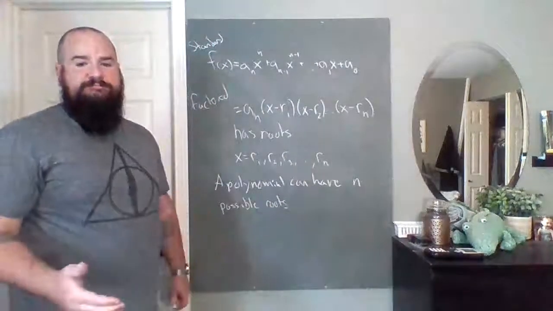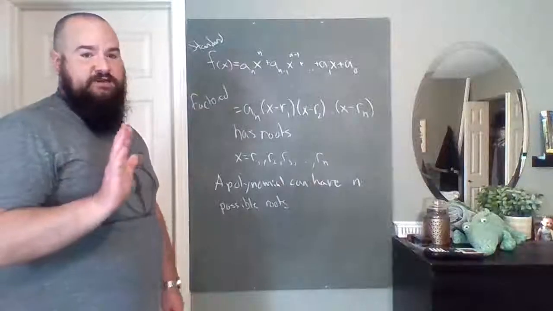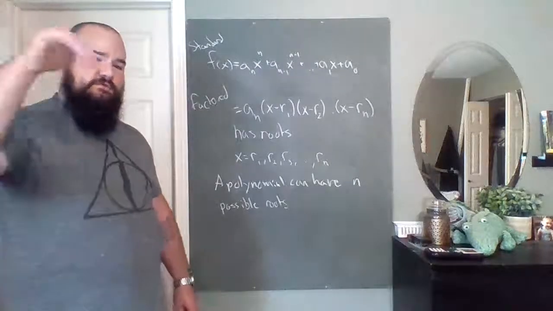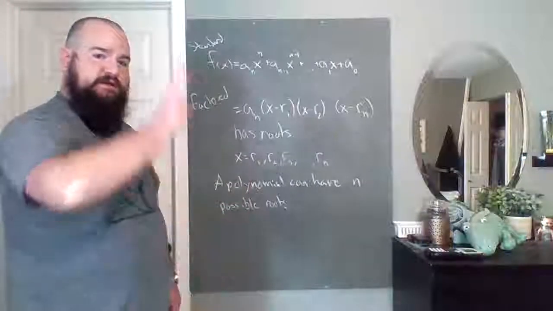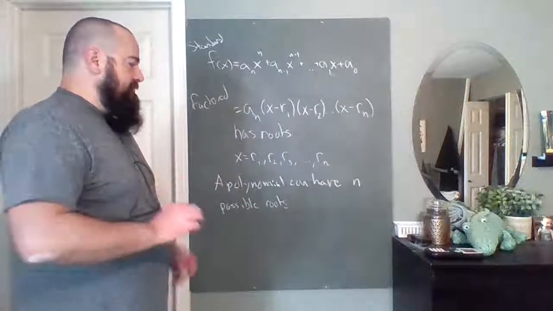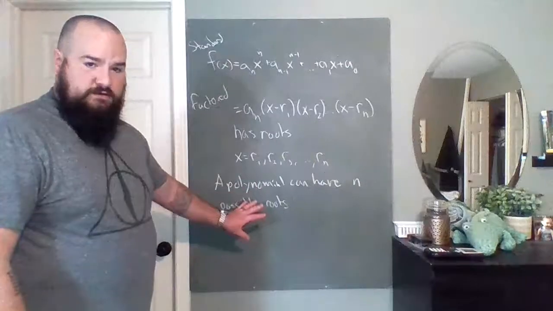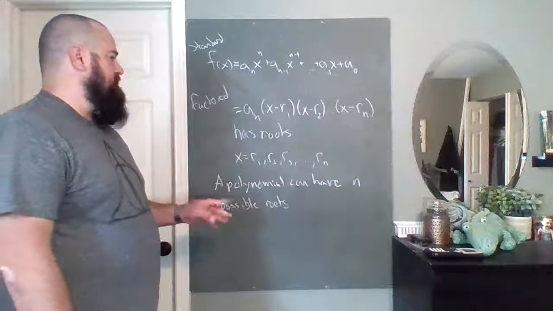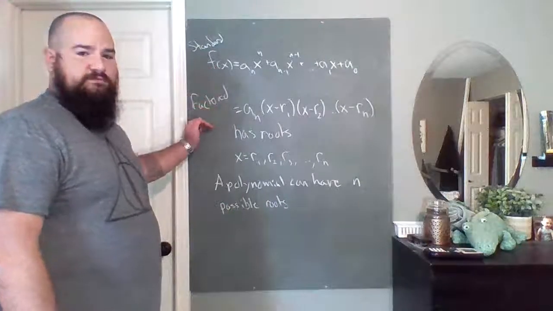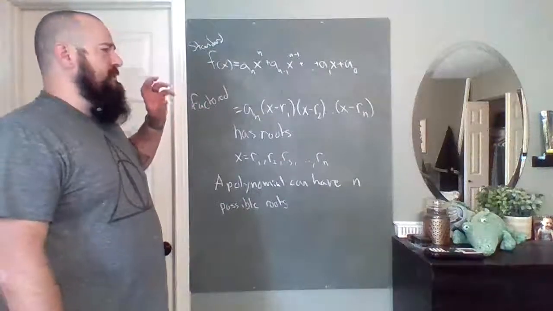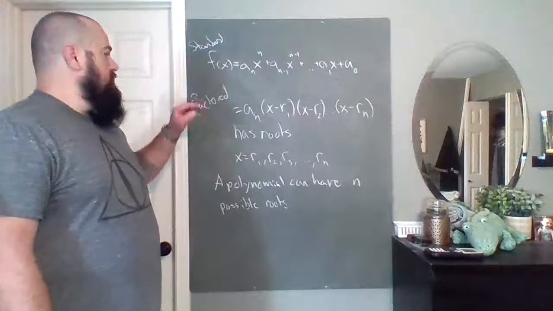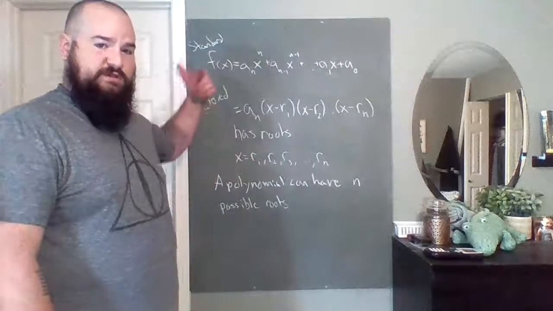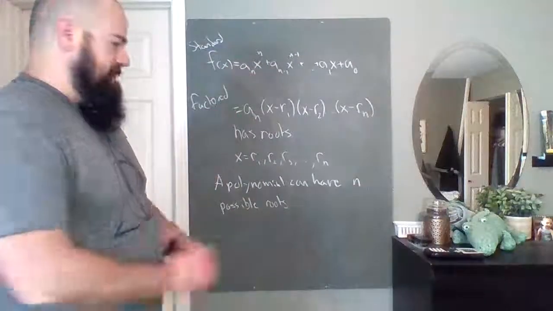Or in other words, there can be n different x-intercepts or roots or zeros of a polynomial. So that's why a polynomial can kind of bounce up and down and go kind of crazy. Now, this doesn't mean there are n roots, there's just possible n roots. Okay? So, these are our two forms, standard and factored. 90% of the time in this class, we are going to be dealing with factored form because it's just far easier to work with. But I want to talk about standard form and some of the pieces from that.